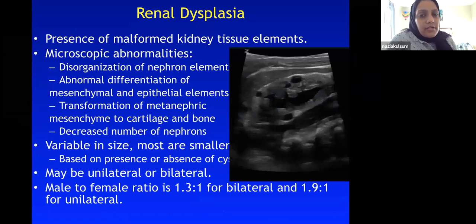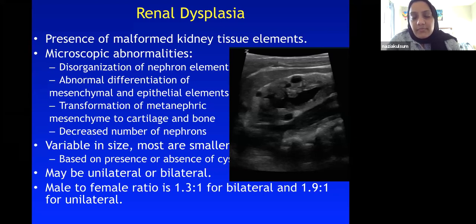Then renal dysplasia. So renal dysplasia is where there are not normal kidney tissue elements, and essentially the nephron is replaced by other mesenchymal or epithelial elements. There could be cysts, there could be cartilage, there could be just fibrous tissue. And not only are these kids at risk for having less nephrons, but also decreased function. Again, they would present similarly with small kidneys, but also have other features.